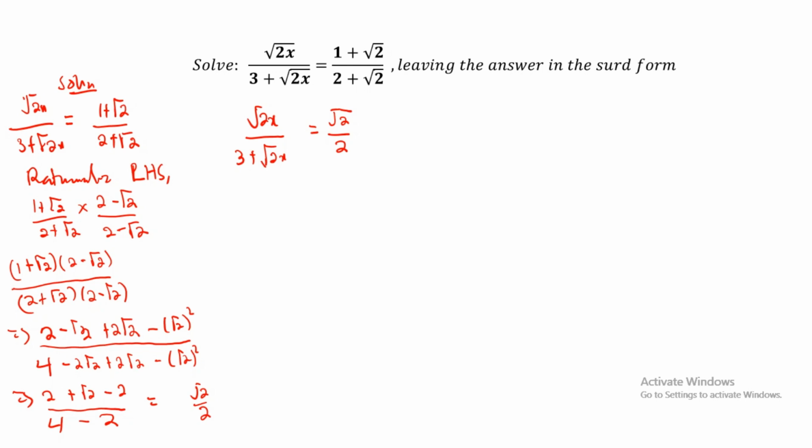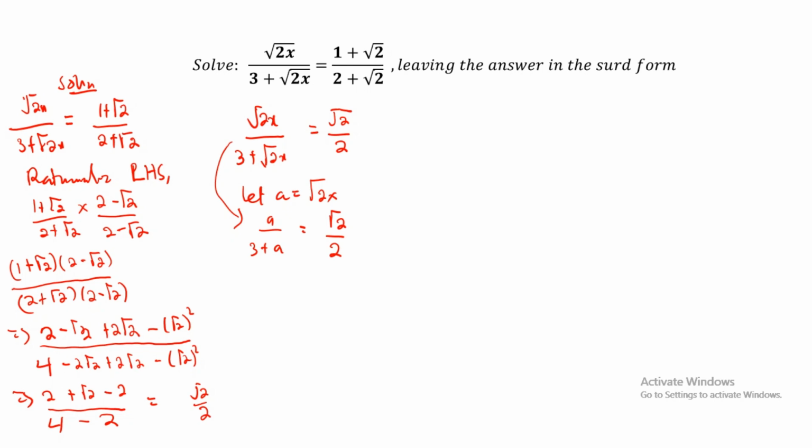So the best thing to do is, like you see, this one is common and this one is common here, so we let it be something like a. I like a because my name is Alex, so we'll use a. So let a be equal to square root of 2x. So the expression at the top will now be a over 3 plus a equal to square root of 2 over 2. See how simple it is now.